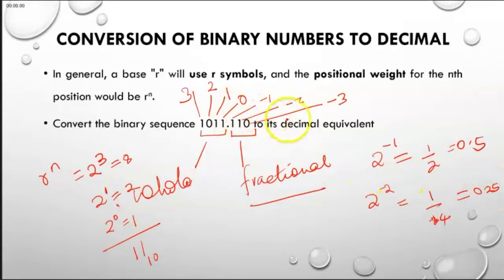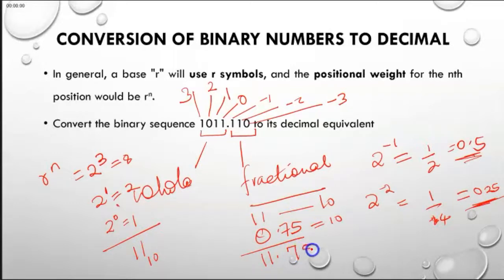To get the fractional value in decimal form, we simply add these two values and get 0.75. The whole part we found to be 11, so adding these two numbers gives 11.75. That is the value represented by this binary number.